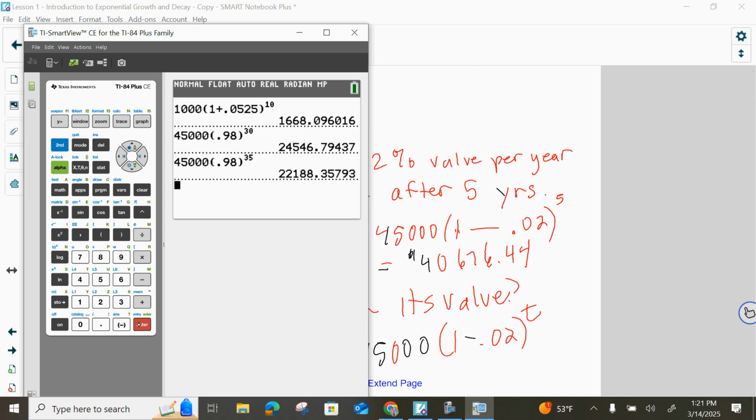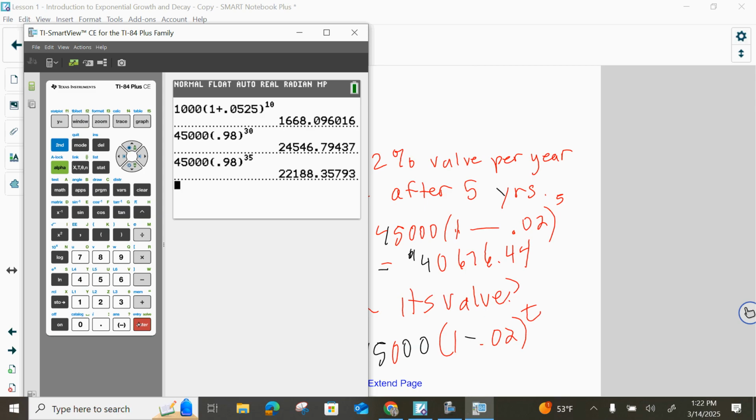As the years increase, the value would decrease, okay? All right, think about your calculator a little bit though, right? Someone in D period the other day said, wouldn't it be nice if we had a table to show how the value decreases? You can totally do that.